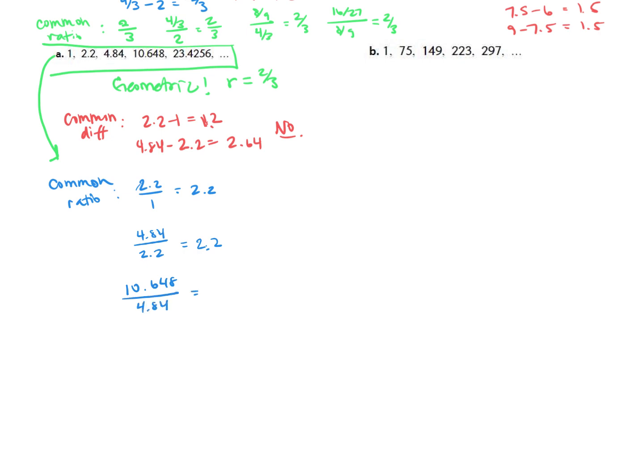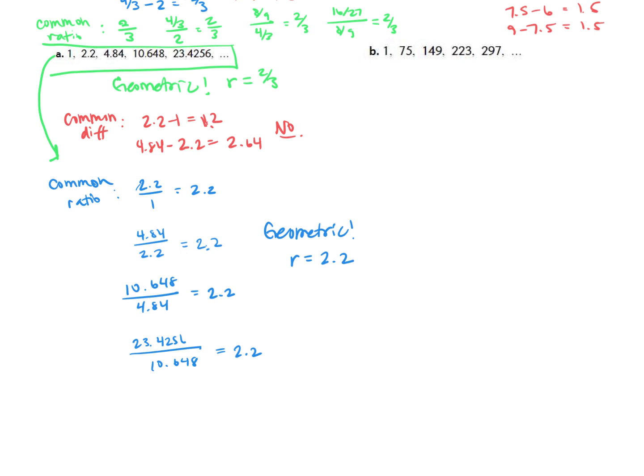All we're doing is taking the term and dividing it by the term before it. That's another 2.2. And then 23.4256 divided by 10.648, and that is another 2.2. So because we had a common ratio that makes the sequence geometric, and the common ratio is that 2.2 that we found.